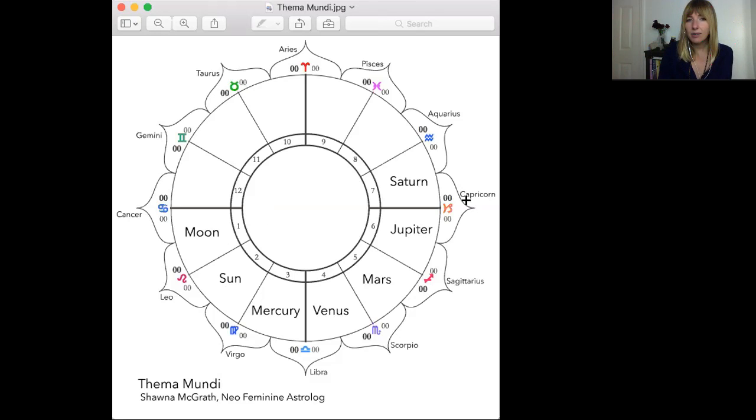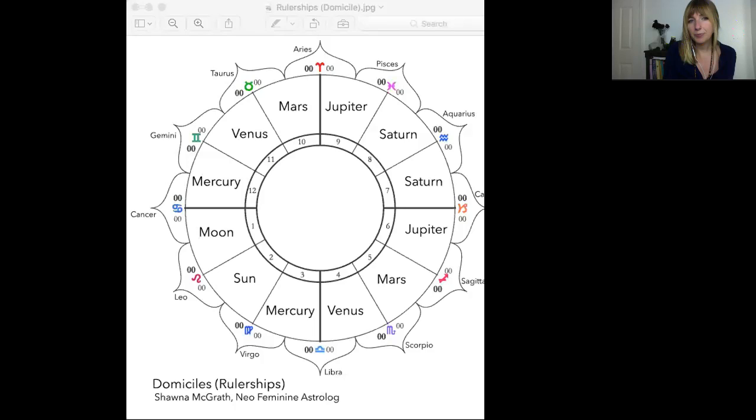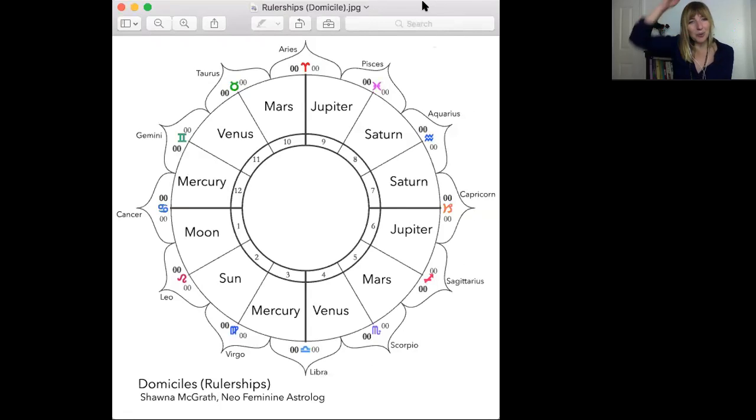And I want to jump for a second to the traditional rulerships. Let's see. There we go. Okay. And so with this, we see essentially things have been mirrored onto the other side of the semicircle.